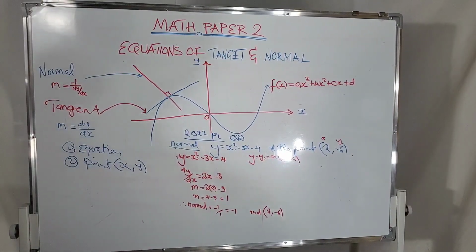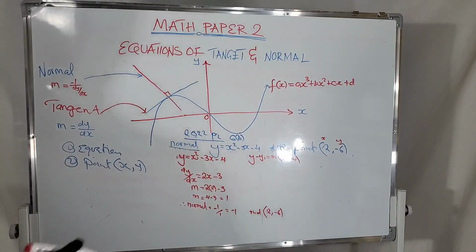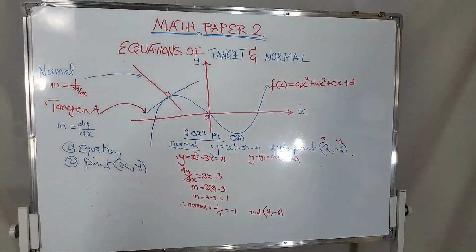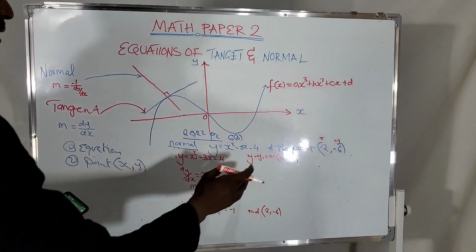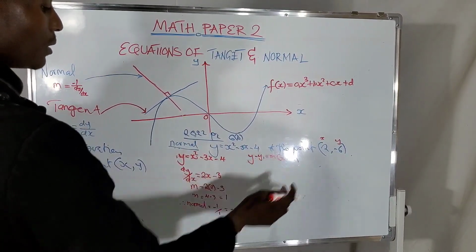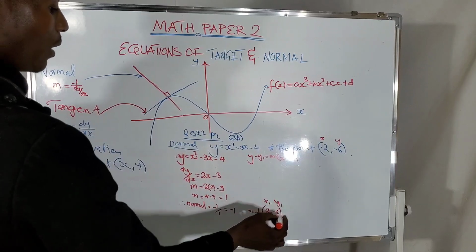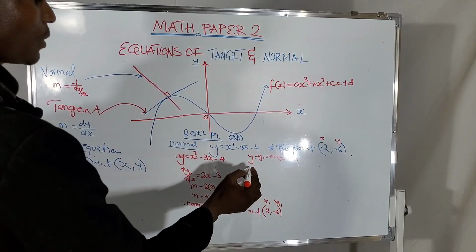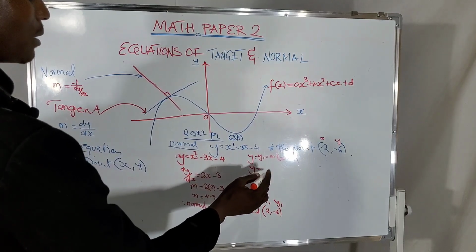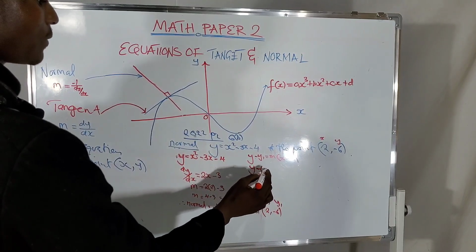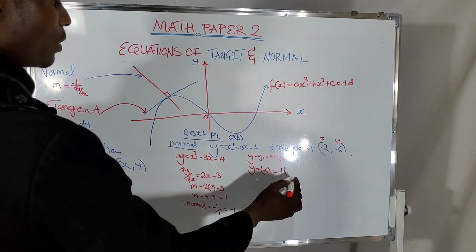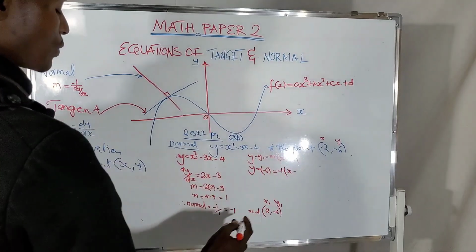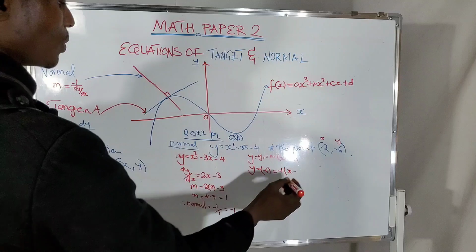Here y1 is negative 6, the gradient is negative 1, and x1 is 2.